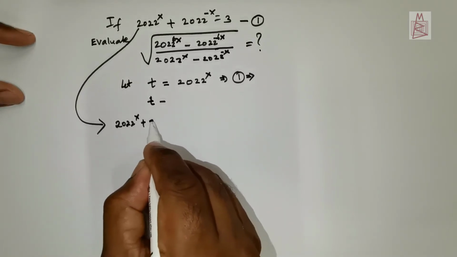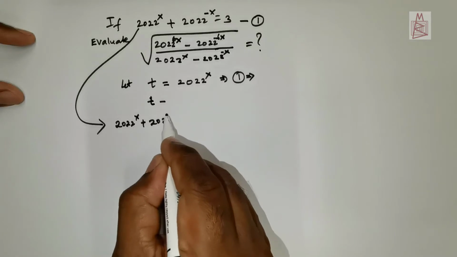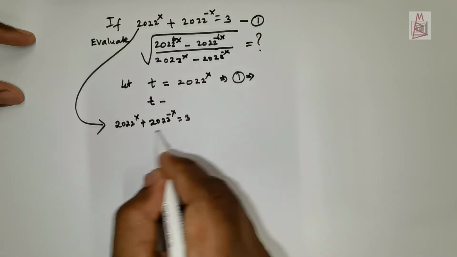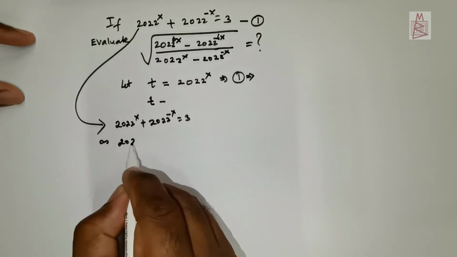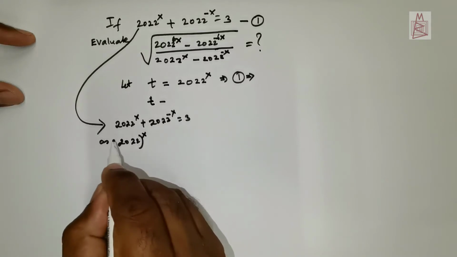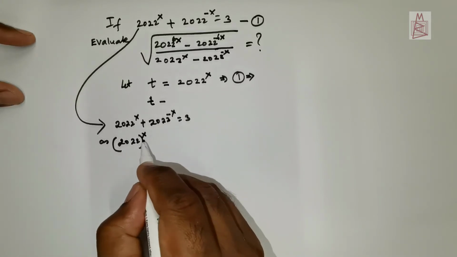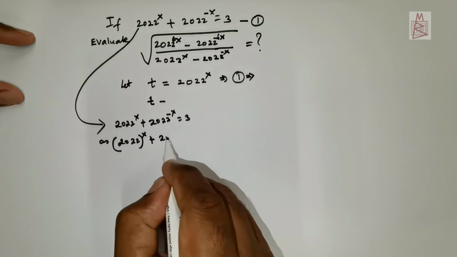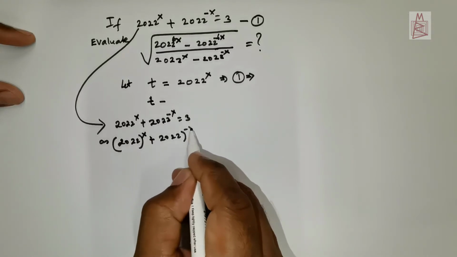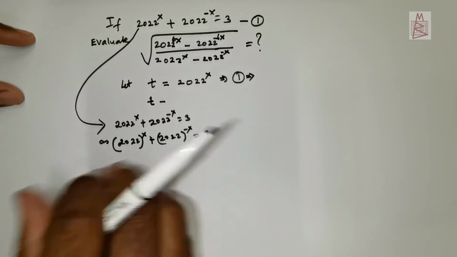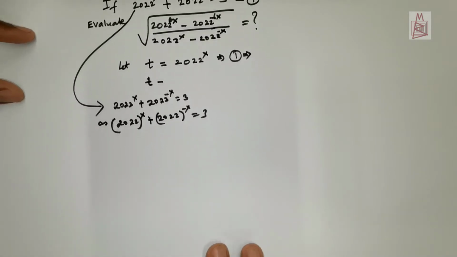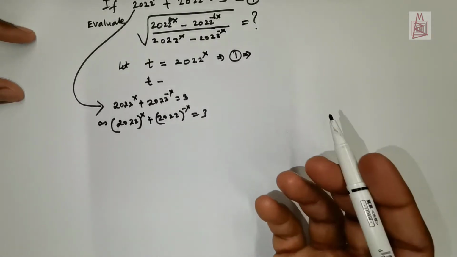Just to avoid confusion, I can rewrite it as 2022 raised to the power x positive 2022 raised to the power negative x is equal to 3. So this is what is given.